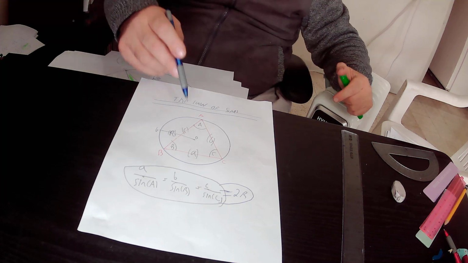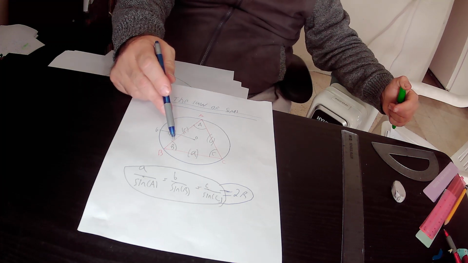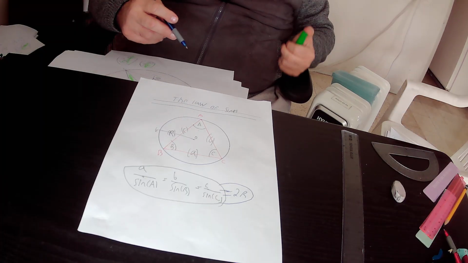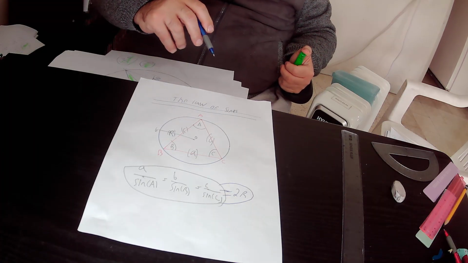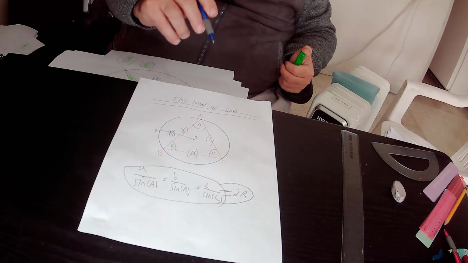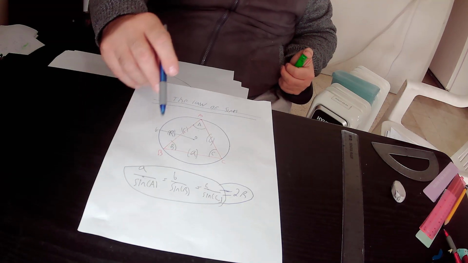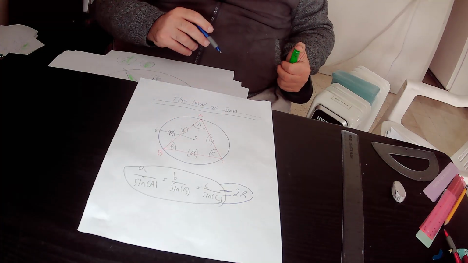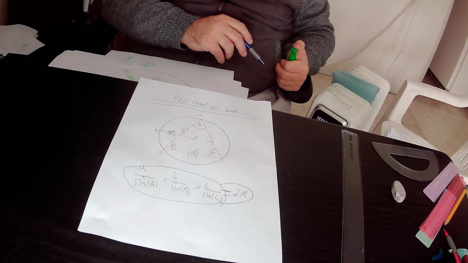This is angle ABC, which equals capital B degrees. So in the first version, we have this triangle ABC without a circle. In this triangle ABC, that could be any triangle, the following is true: A over sine A equals B over sine B equals C over sine C. This equation is true for any triangle.